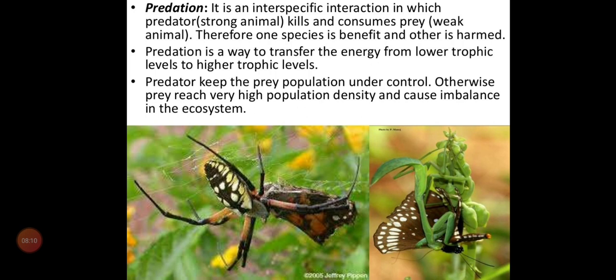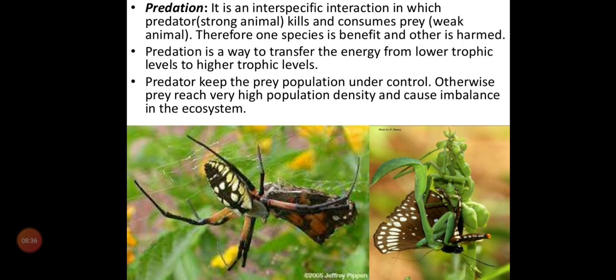It is an interspecific interaction in which the predator, a strong animal, kills and consumes the prey, a weak animal. Therefore one species is getting benefited and the other is harmed. Species A is benefited, species B is harmed. That is predation.